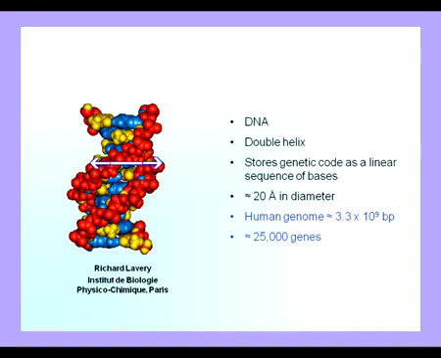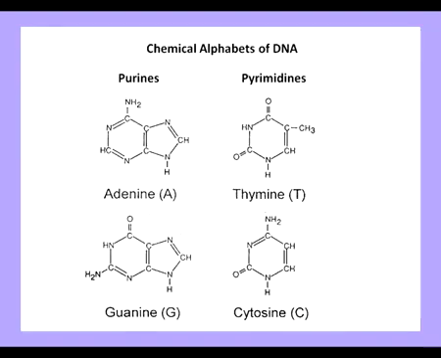To give an idea of dimension, how big it is, basically it is a very teeny, small thread kind of stuff. The diameter is 20 angstrom, and there are alphabets, chemical alphabets, which basically dictate the information of heredity within the DNA, and there are 4 types of alphabets.